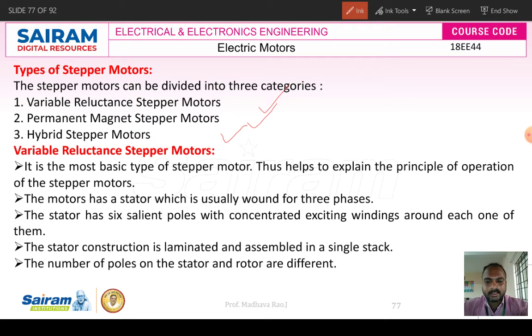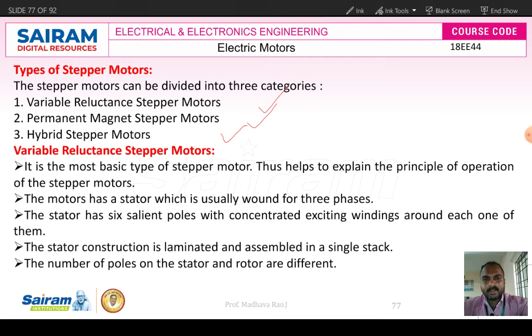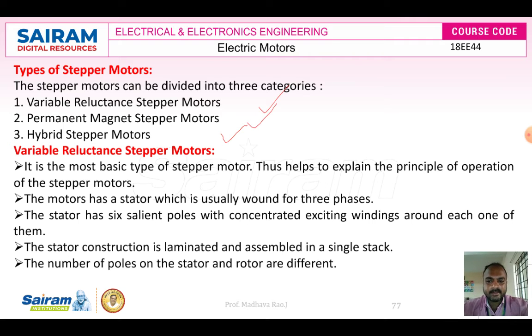The stator construction is laminated and assembled in a single stack. Why laminated? To reduce the eddy current losses, we need to laminate the stator core. The numbers of poles on the stator and rotor are different in this stepper motor. All the windings are assembled in a single stack.